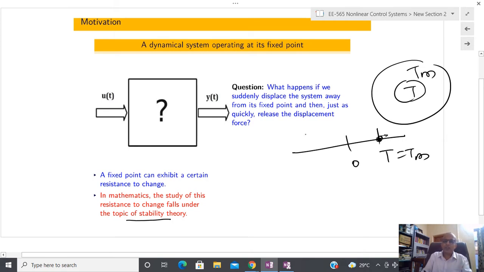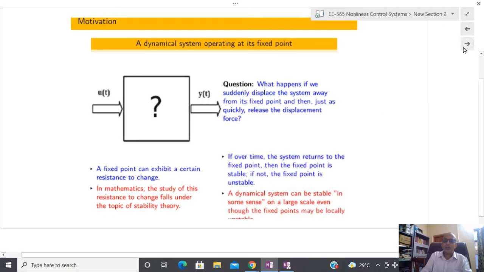Now we have two different kinds of behavior. In this whole state space I have just this point T equal to Tm, which has the behavior that if you start here, you stay here. It is possible that after a small perturbation and after a long time, I can come back to the temperature T equal to Tm.